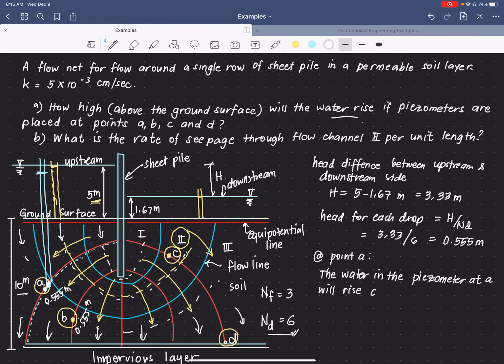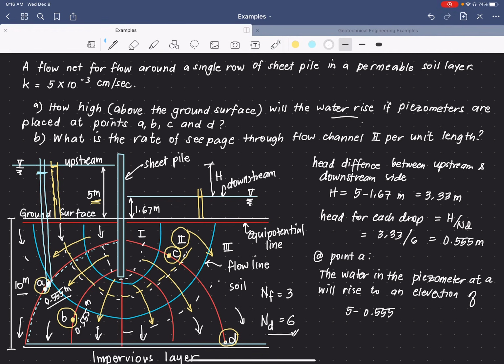will rise to an elevation of 5 minus, we only have a 0.555 drop at point A, so we have the head difference minus 0.555.